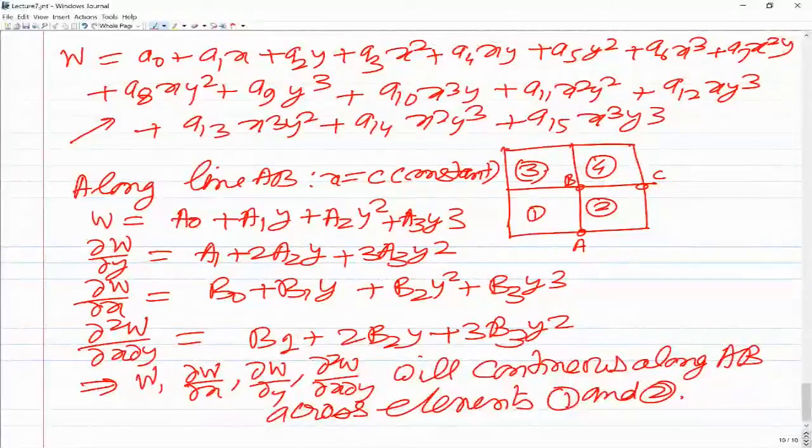Now, when I talk about the Mindlin plate theory, that is first order shear deformable plate theory, I will show you that when you use natural coordinate formulation, you get the incompatible elements, because there the primary variables are only variables but not their derivatives. So I will be demonstrating that.